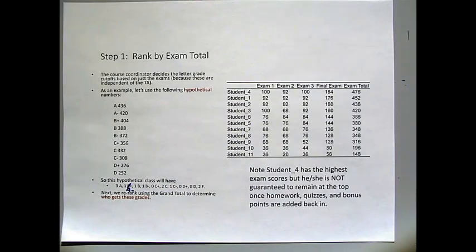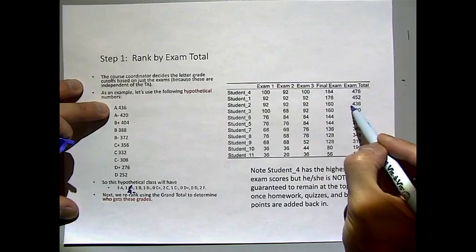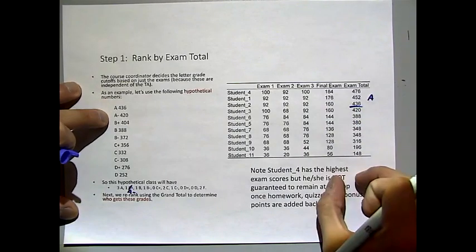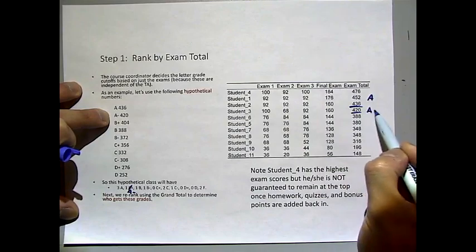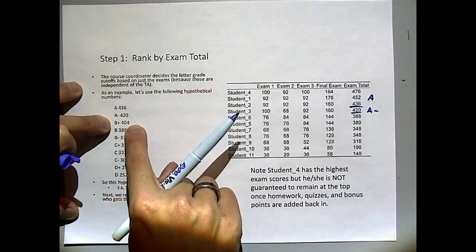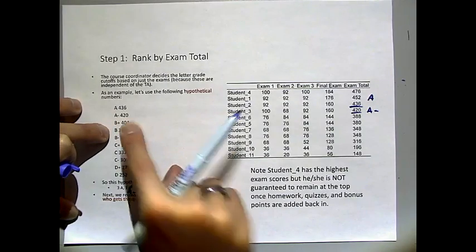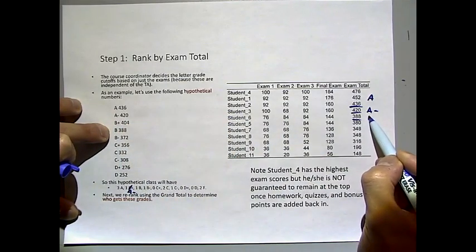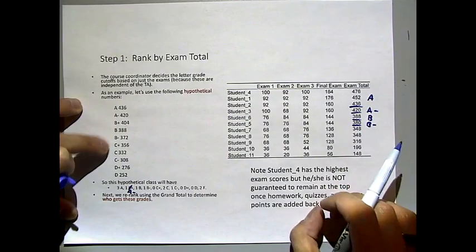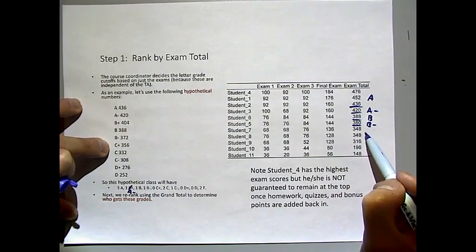Okay, so we count. Let me draw the lines here. So 436, these guys earned an A for that section. Here's an A minus. 404, we don't see any, so no B plus. 388, here's a B. 372, that's a B minus. 356, nope.